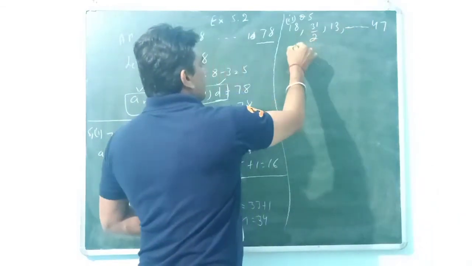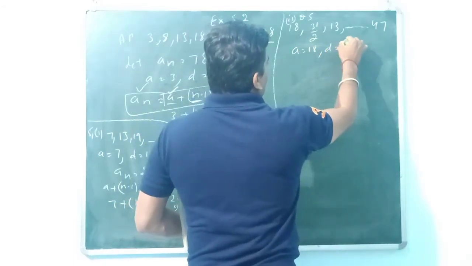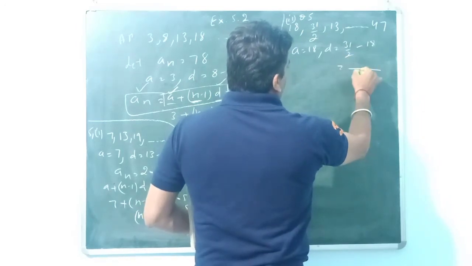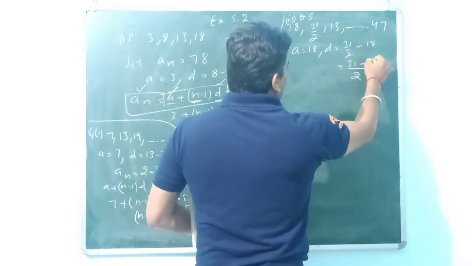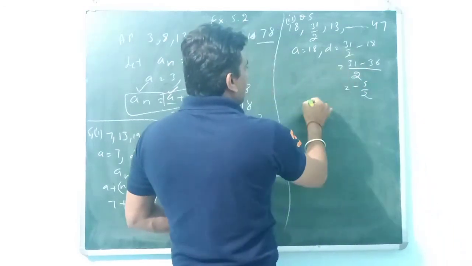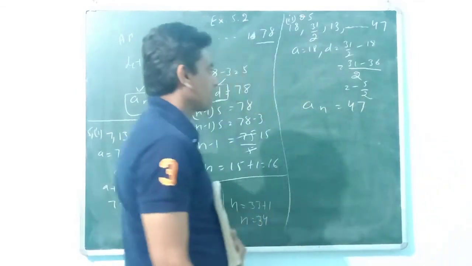Here again a is equal to 18, d is equal to 31 by 2 minus 18. Taking 2 as LCM, (31 minus 36) by 2, that is minus 5 by 2, and an equals 47.